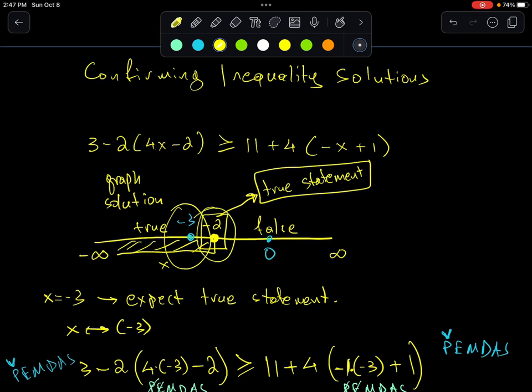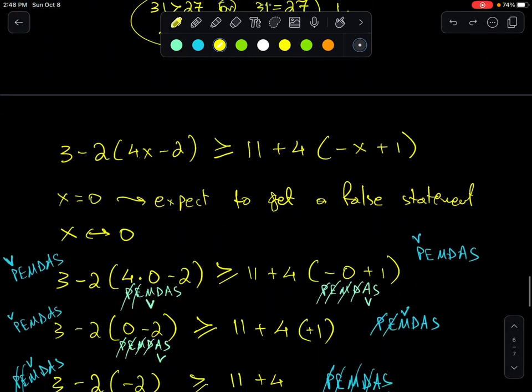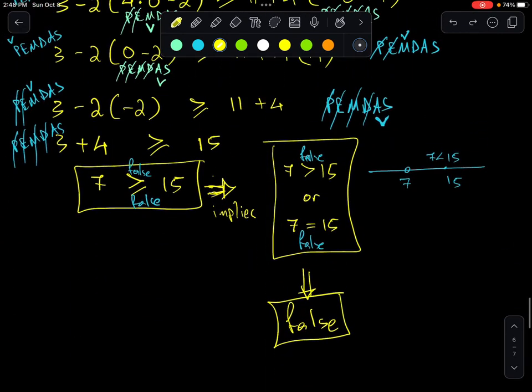Meaning if you want to plug in the endpoint and check whether you get a true or false statement, fine. But if you do one number to the left of the endpoint and one number to the right of the endpoint, that usually is good enough.